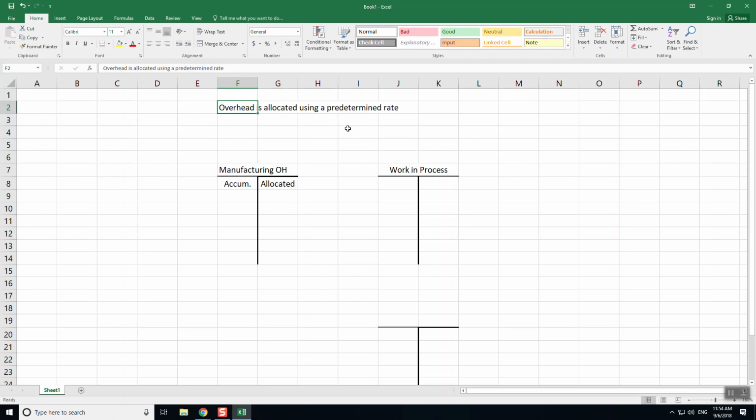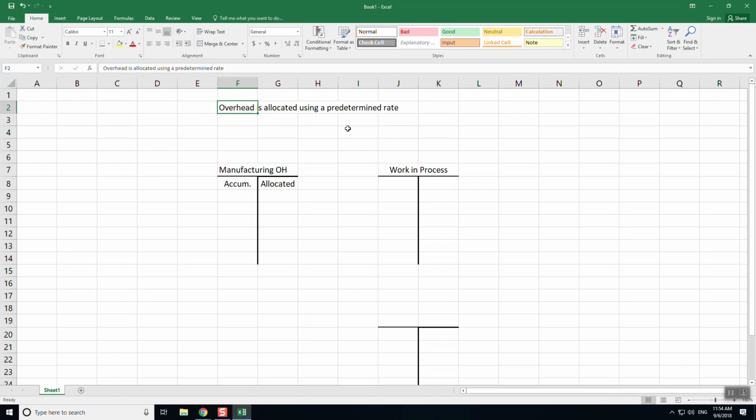probably thinking, when we do it, what's the closest relationship that each job has to the amount of overhead it uses? So how would we do that? We probably would look back historically and look at what each job actually did, how each job actually performed, and use some percentage that way, some relationship that we can come up with. The book in this case uses direct labor a lot.